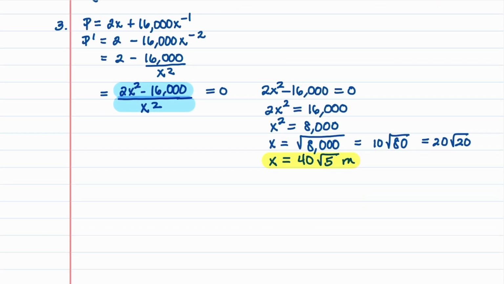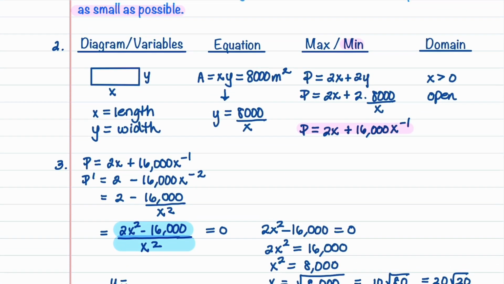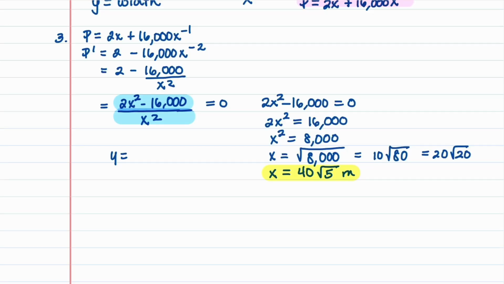Now let's solve for y. I'm going to do that over here. Y, let's go back up to the top, is 8,000 divided by x. So y is equal to 8,000 all divided by 40 root 5. 40 goes into 8,000 200 times, so we have 200 divided by root 5.